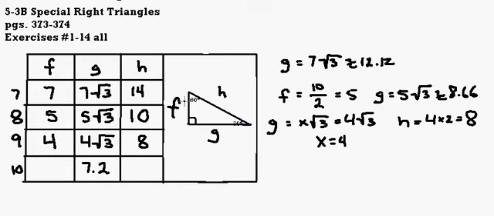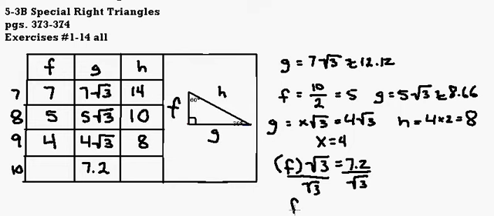So, looking at these 3 lengths, if we said the length of x, or the length of f is the short leg, g is the short leg times the square root of 3, so we're saying that f times the square root of 3 is equal to 7.2. To find f, we're simply going to divide both sides of the equation by the square root of 3.